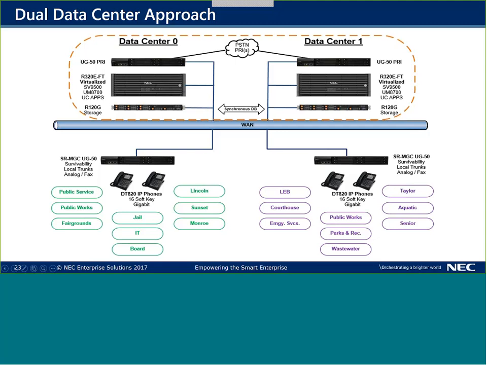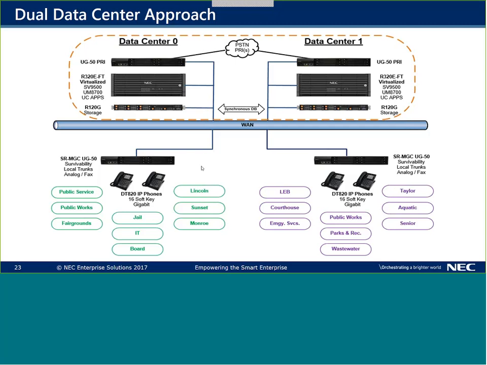And they're going to be using PRIs at the core. These UG50 PRIs shown on top could also be SIP trunks as well, so we support both. And then down here on the bottom, we are showing the UG50 and IP phones as a package. That would basically be a remote location.